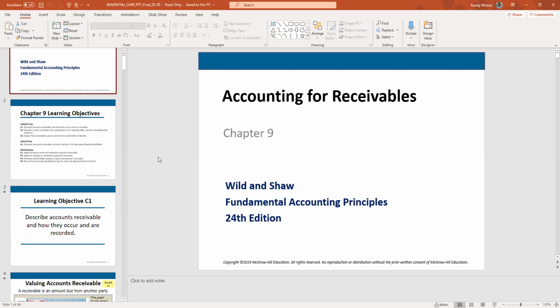So whatever we come up with in our entry to account for these receivables is going to be the balance in the allowance for doubtful accounts, because the allowance for doubtful accounts is a balance sheet account. It's a contra asset. That means it goes against the asset.